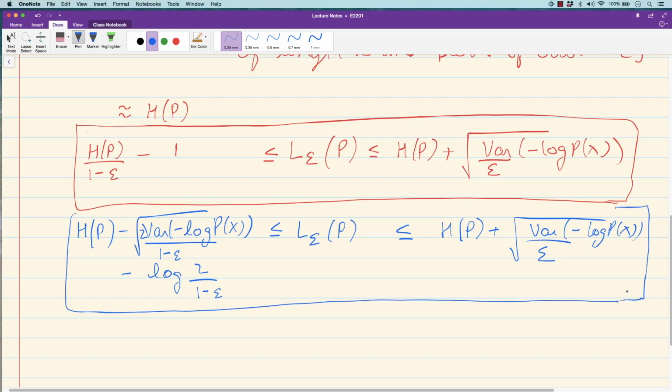So the upshot of all of this is that this L epsilon p, this quantity that we have studied carefully as a theoretical quantity, we haven't looked at a computationally efficient scheme, something that can be used in practice. But this quantity is roughly h of p.